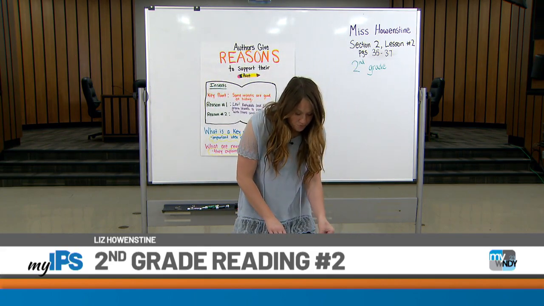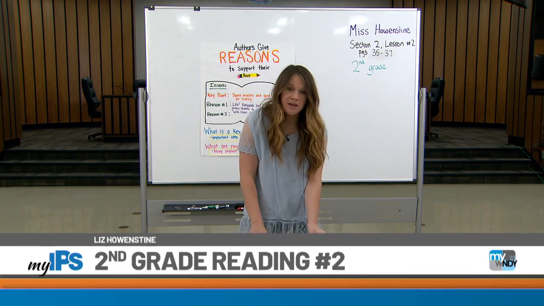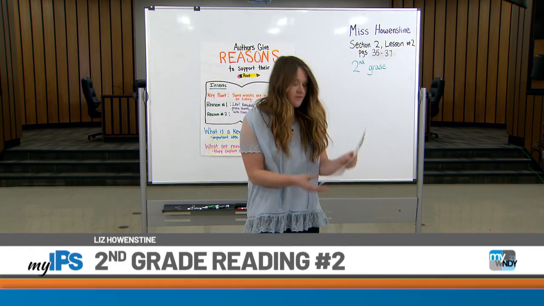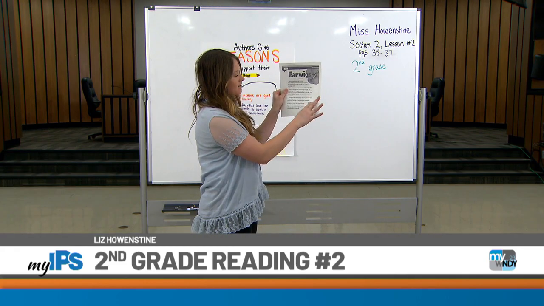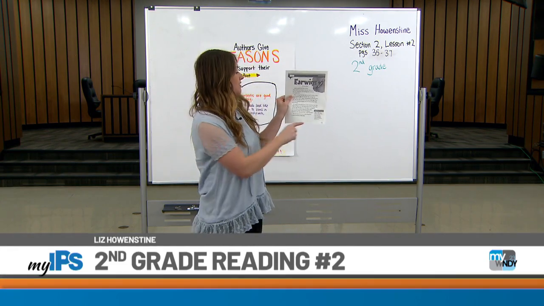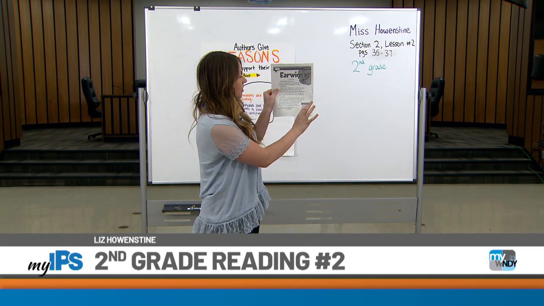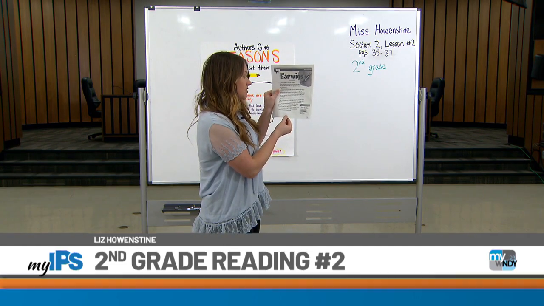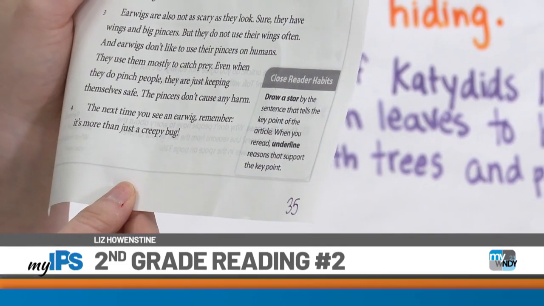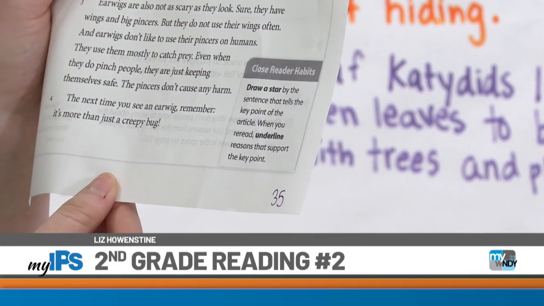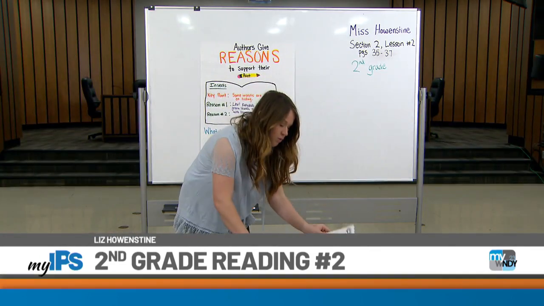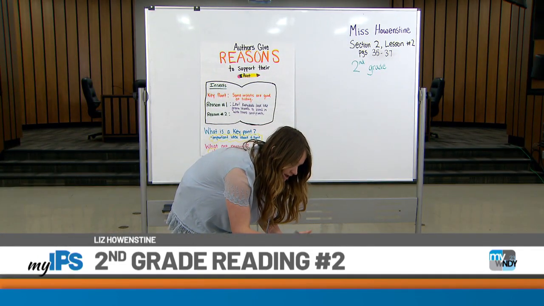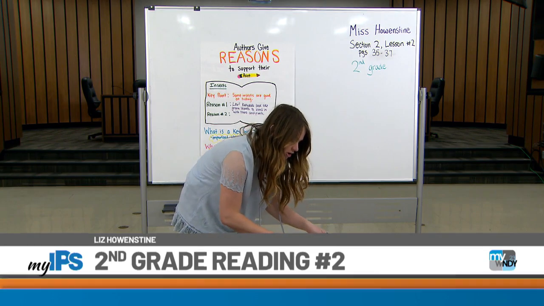You may follow along with me. Notice there is a little box at the bottom that's going to help us out. It says close reader habits. Draw a star by the sentence that tells the key point of the article. When we find a key point, we're going to draw a star.